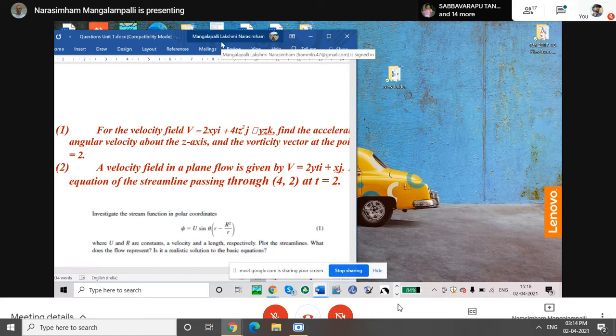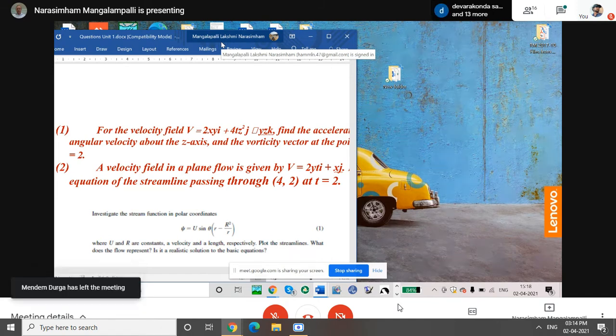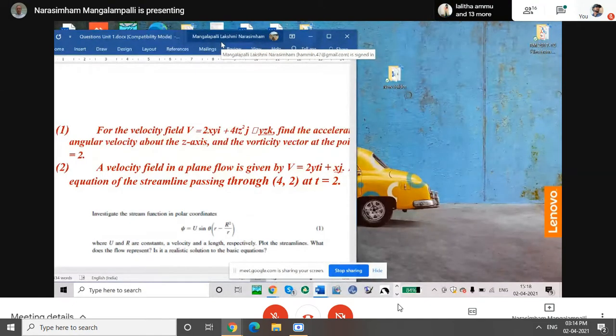Therefore, 2xy is the velocity in the x direction. According to our notation, u is equal to 2xy. All of you note it. Then the y component of velocity is associated with j, that is 4tz squared.